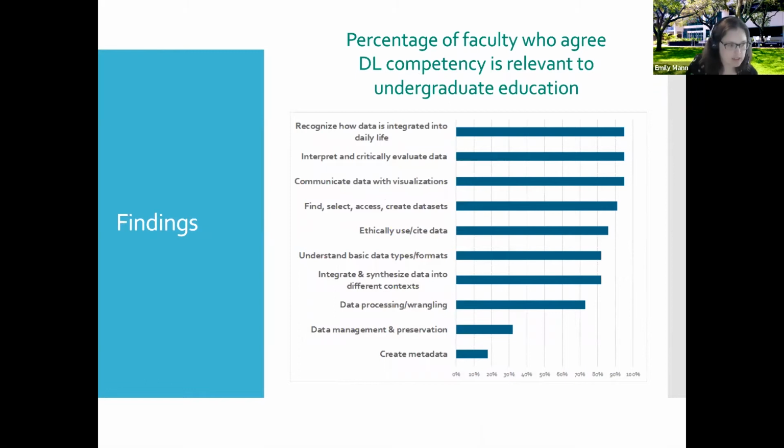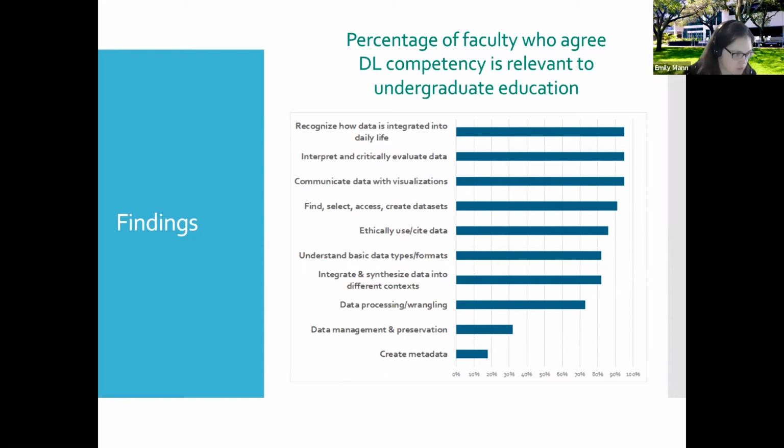So here you can see some of the competencies that we asked the faculty about relating to undergraduate students. We read out our list of competencies and asked if they felt like these were skills that the undergraduate students should possess by the end of their undergraduate degrees. You can see here the percentage of people that agreed that these were competencies that undergraduate students needed.